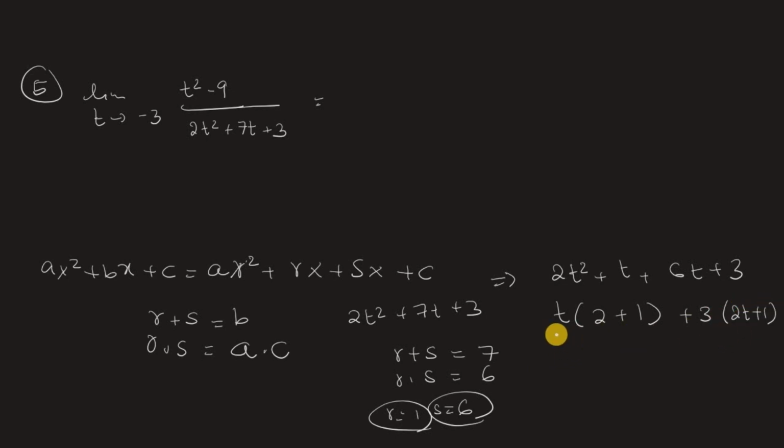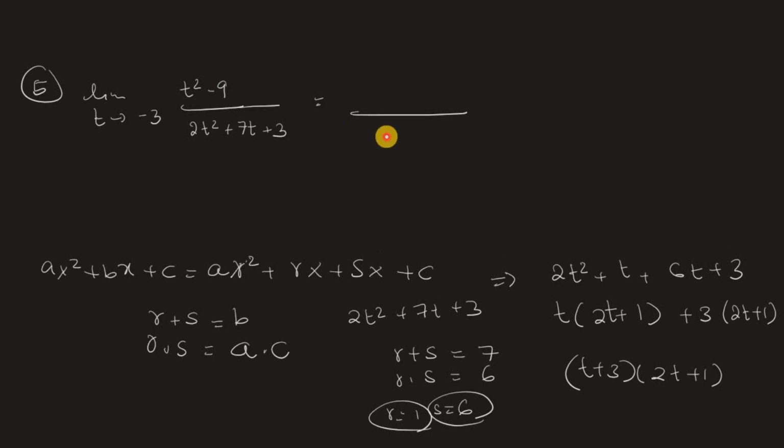We have the same 2t plus 1 in both, so let's factor this out: 2t plus 1, and we're left with t plus 3. So that's how we factor: t plus 3 with this one, and these two were the same, 2t plus 1.